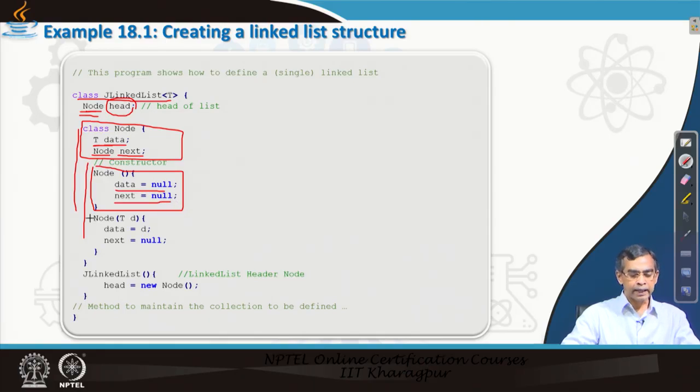Then another constructor takes the argument data, and it initializes the data field by this argument passed, and for the initial creation of the node there is no link, so we made next null. So, these are the 2 constructors that can be considered while you maintain a linked list.